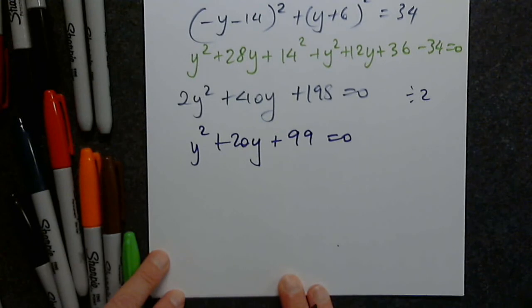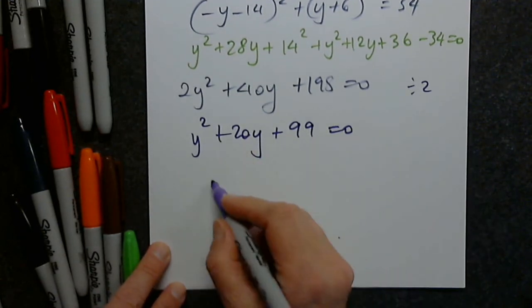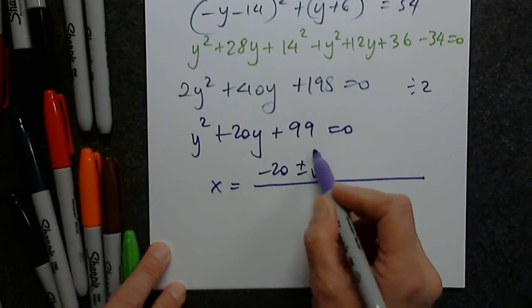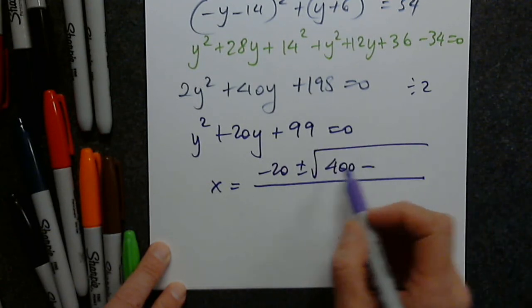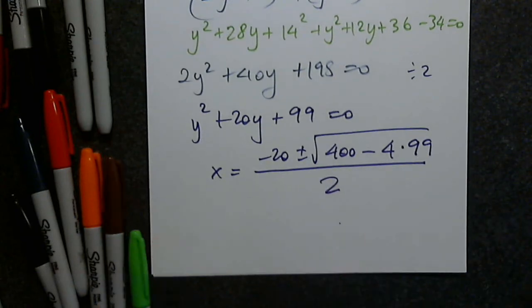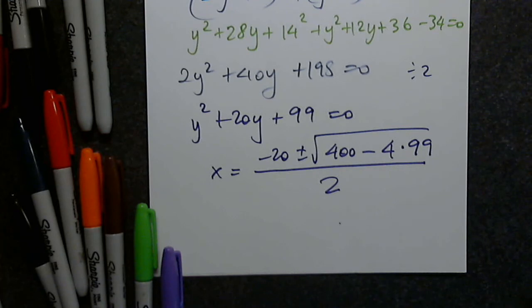Check my numbers tonight. I don't care for this, I will use the quadratic formula. So negative b plus or minus the square root of b squared minus 4ac, over 2a. So let's see what we get. It comes out even. 11 times 9, right? Thank you.